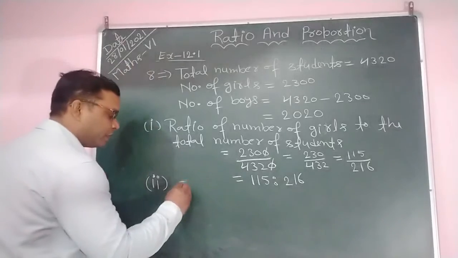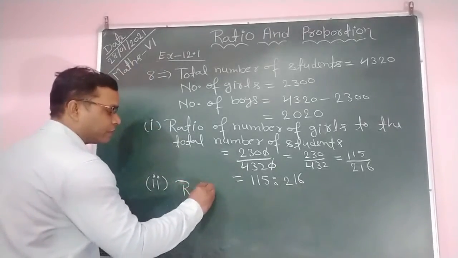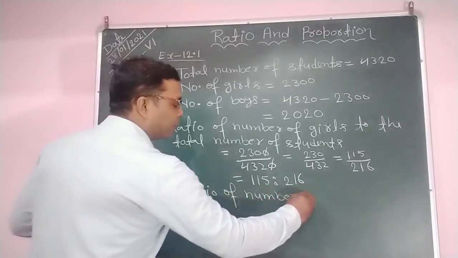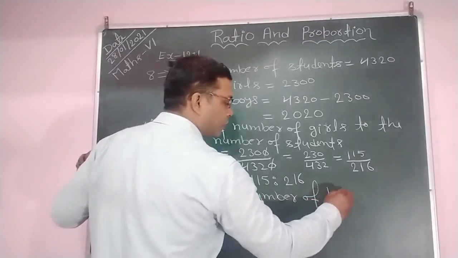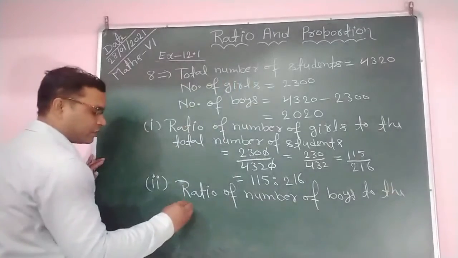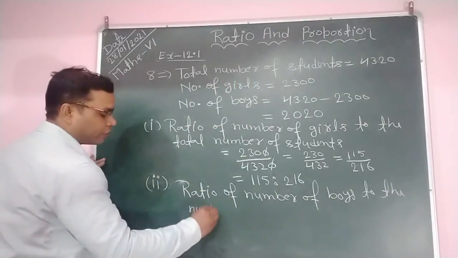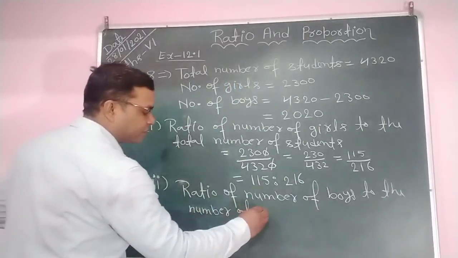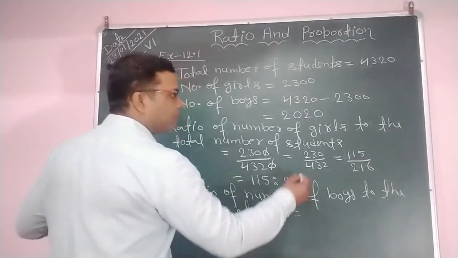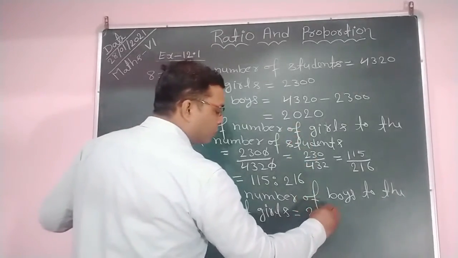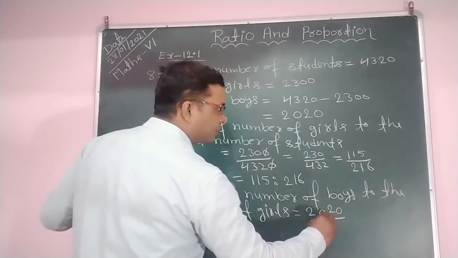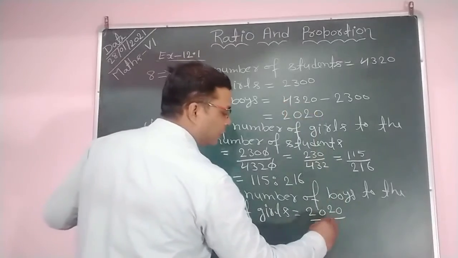So the ratio of the number of boys to the number of girls is equal to the number of boys, 2,020, by the number of girls, 2,300.